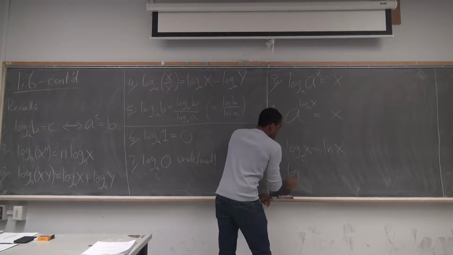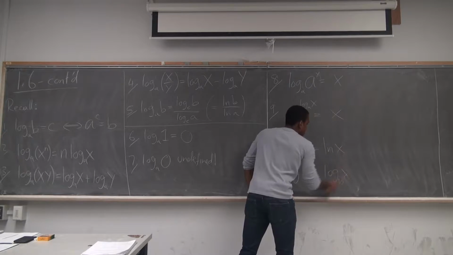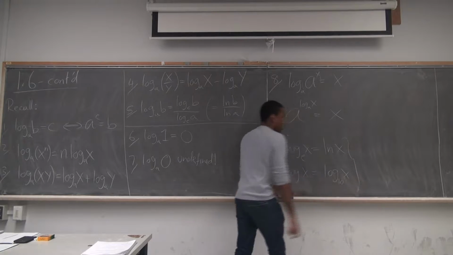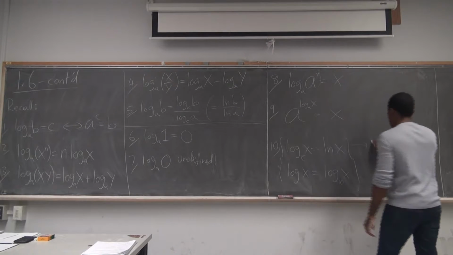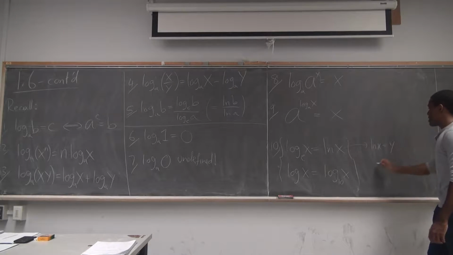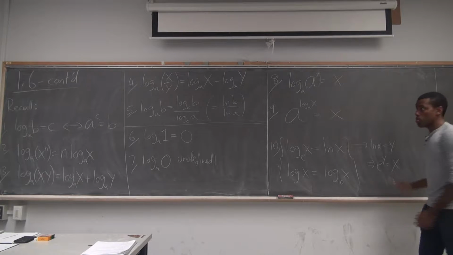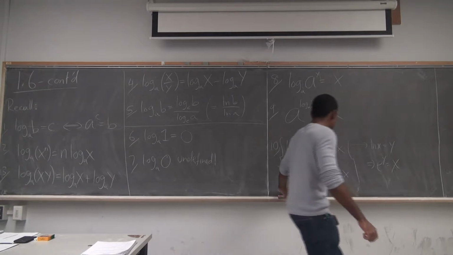And log of a number, we think of that as log to the base 10. So that's more of a notational thing. When you see ln, you think of the base as e. So if you see something like ln of x equals y, it's the same as saying e to the y would give us x, by this rule.